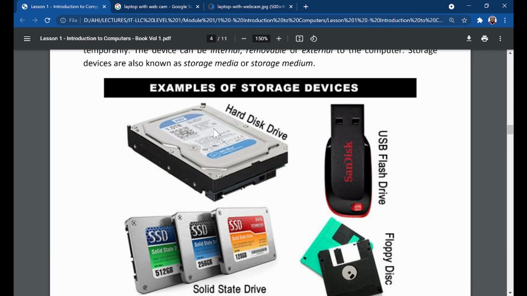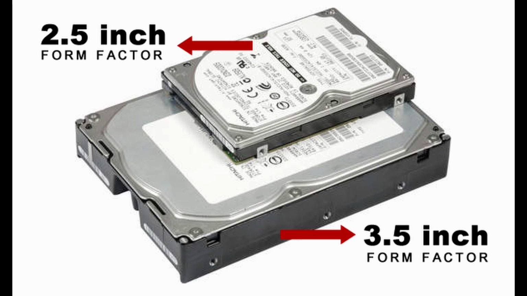This hard disk drive is what is inside your computer. We have a bigger form factor and a smaller form factor. When we say the bigger form factor, this is what we are talking about. This is a 3.5-inch form factor, and what it means is that this can only fit into a desktop system unit.